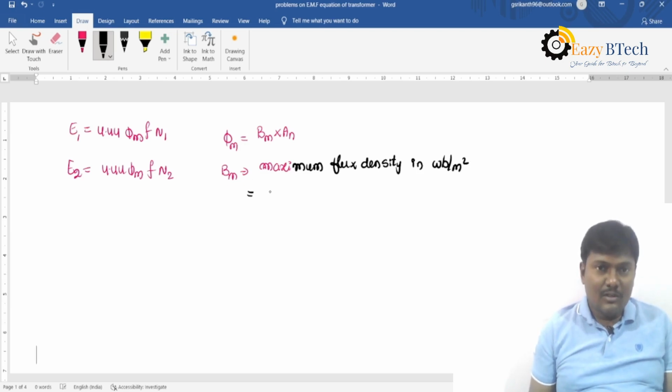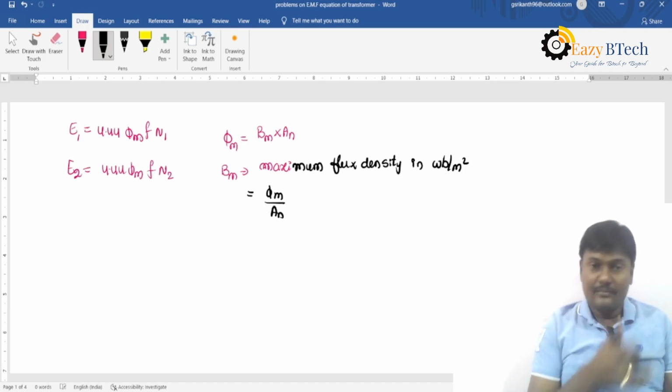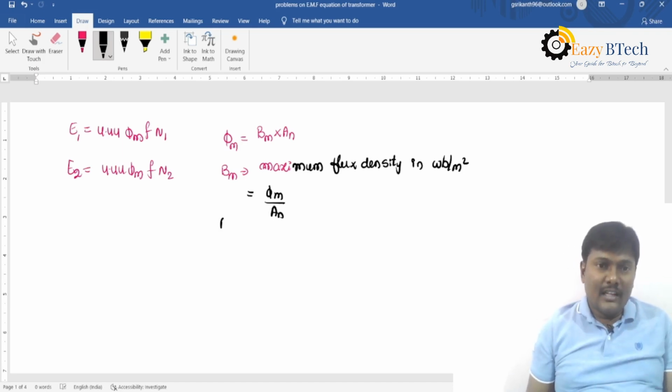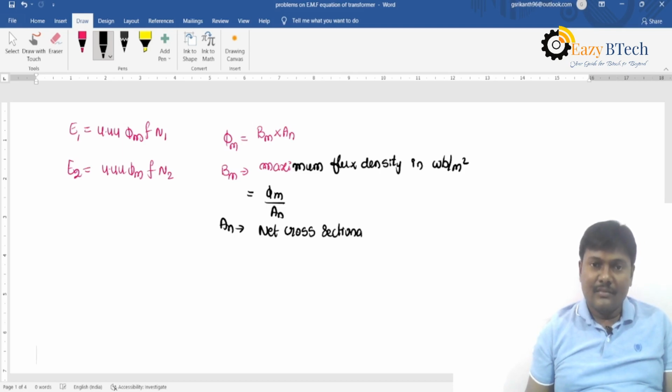That should be equal to Φmax divided by AN, where AN is the net cross sectional area of the core.